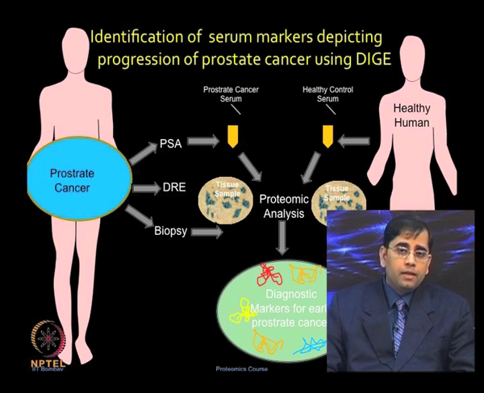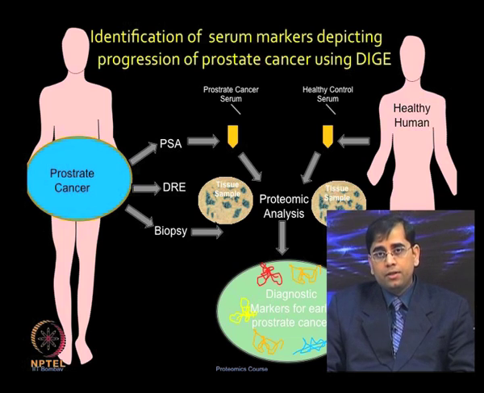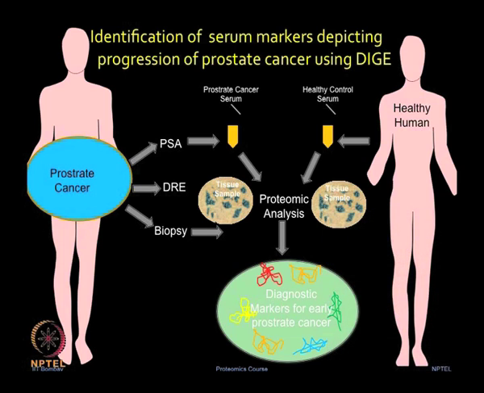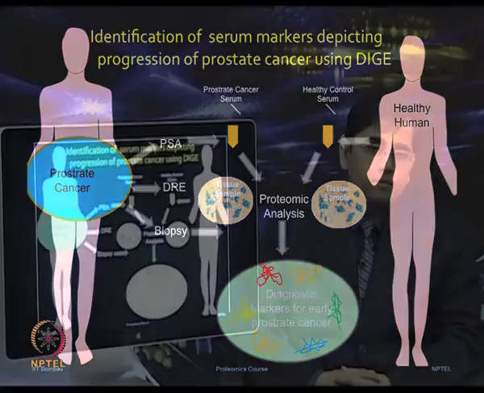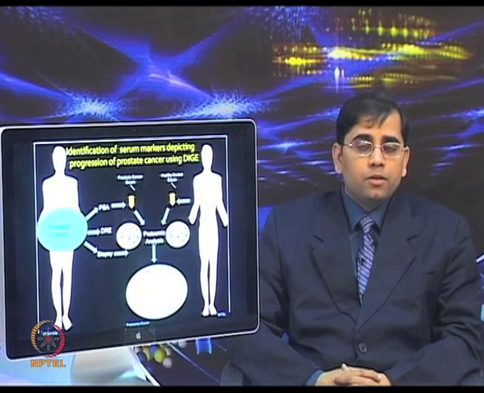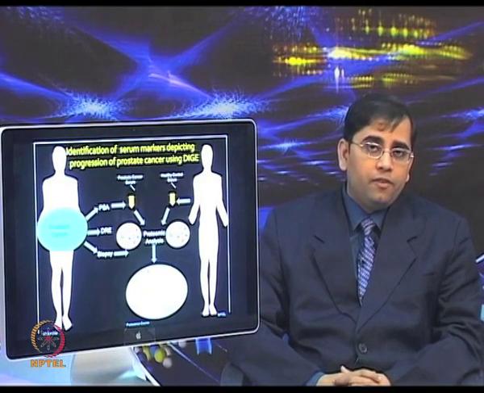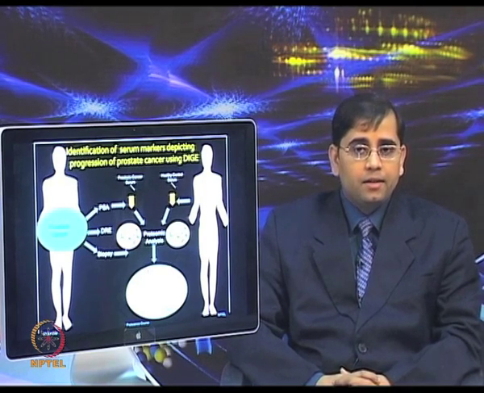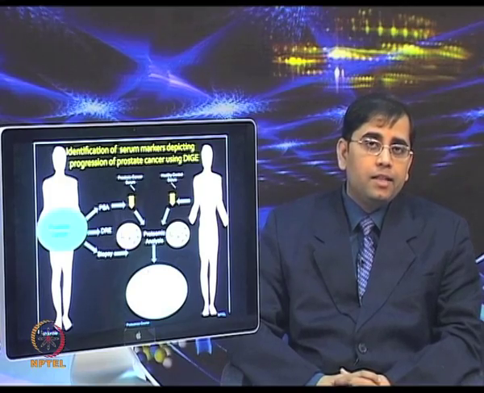The reason is that the level of PSA is also high in benign prostatic hyperplasia or prostatitis. So, there is a lot of discussion whether one should rely only on PSA for detection of prostate cancer. So, this study aimed to identify some new markers in prostate cancer by studying the serum proteome.